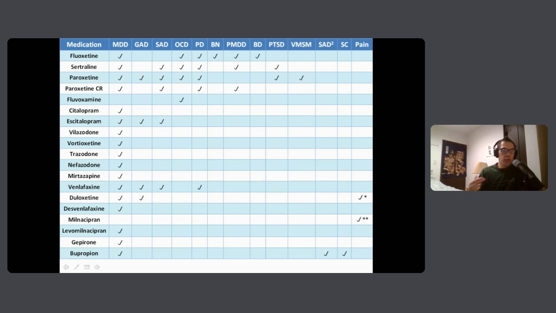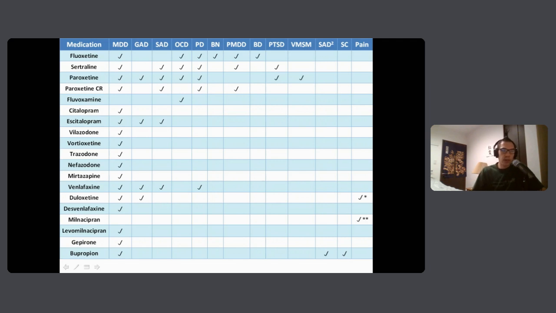Next would be GAD, generalized anxiety disorder. There's four meds that have an FDA approval for this: paroxetine, escitalopram, venlafaxine, and duloxetine. Next, SAD, that's social anxiety disorder. There's actually two SADs; we'll get to the other one later. For social anxiety disorder, we've got sertraline, paroxetine, paroxetine controlled release, escitalopram, and venlafaxine.